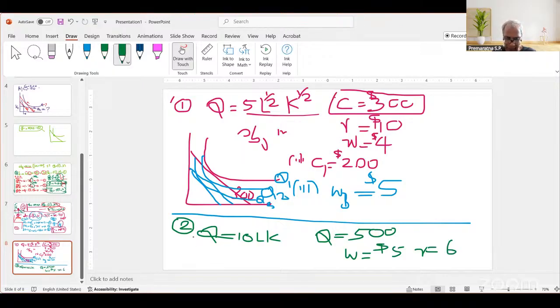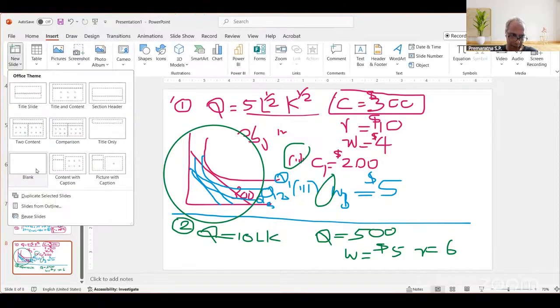Using the Lagrangian method, try to find the answers like the previous case. I hope you can do that. The exam questions may come like that. An important thing is that for all the questions, like I did here, you have to draw and show me the changes graphically to get full marks. Okay.